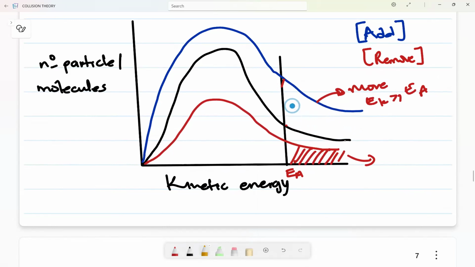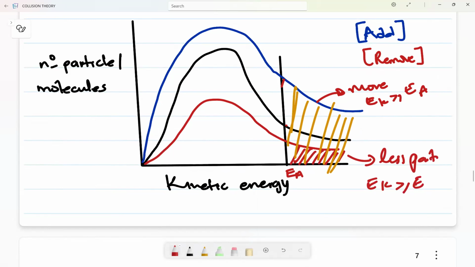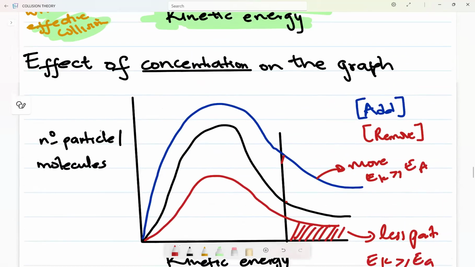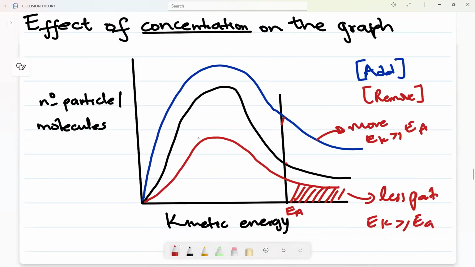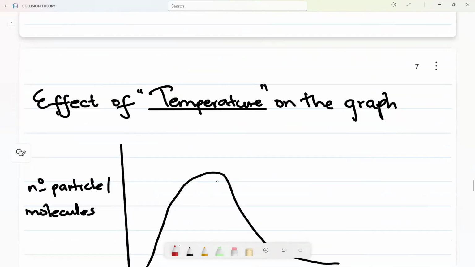So here we'll have less particles with EK greater or equal to EA. Yes, they are, but they are less. This is how concentration affects the graph, in case you are asked to draw it.